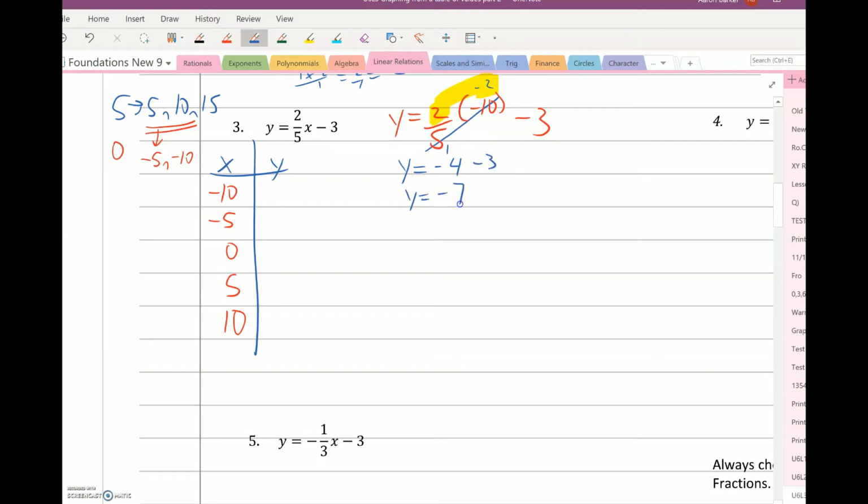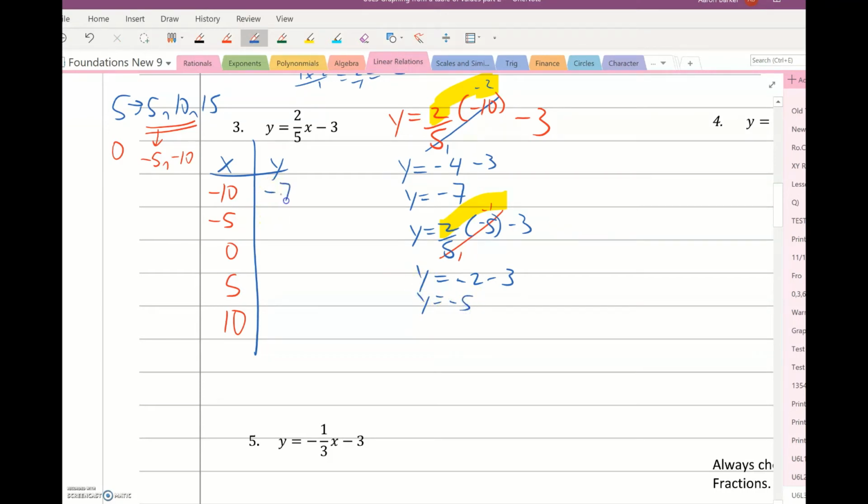Y equals -7. Try the next one. Y equals 2 over 5 times -5 minus 3. So y equals -2 minus 3. How do I get that? These cancel to 1 and -1, and so I get 2 times -1. Okay? And so this y equals -5.